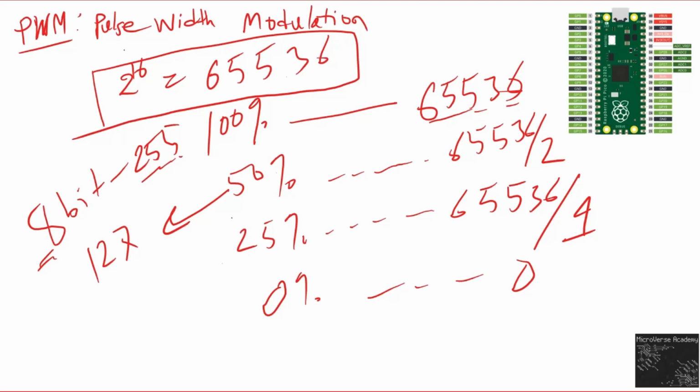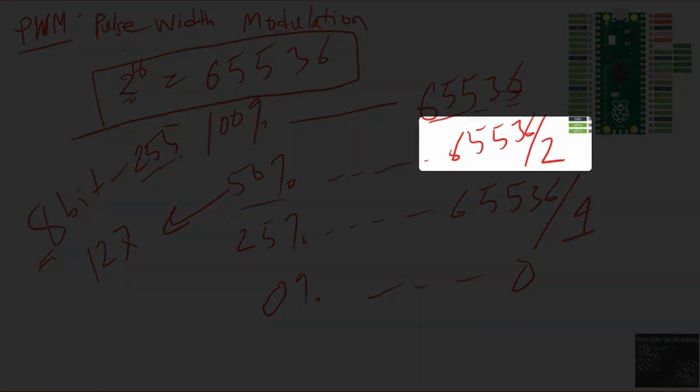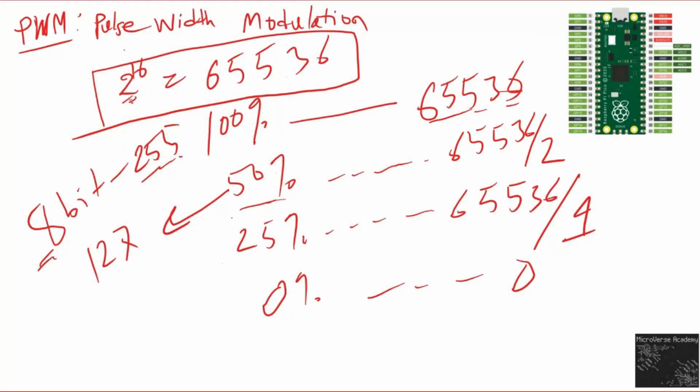But because in our case this is a 16-bit microcontroller, we are going to use 65536 over 2 for 50%. So for some other microcontroller we can just use this technique. We need to be careful about the number of bits for that specific microcontroller.